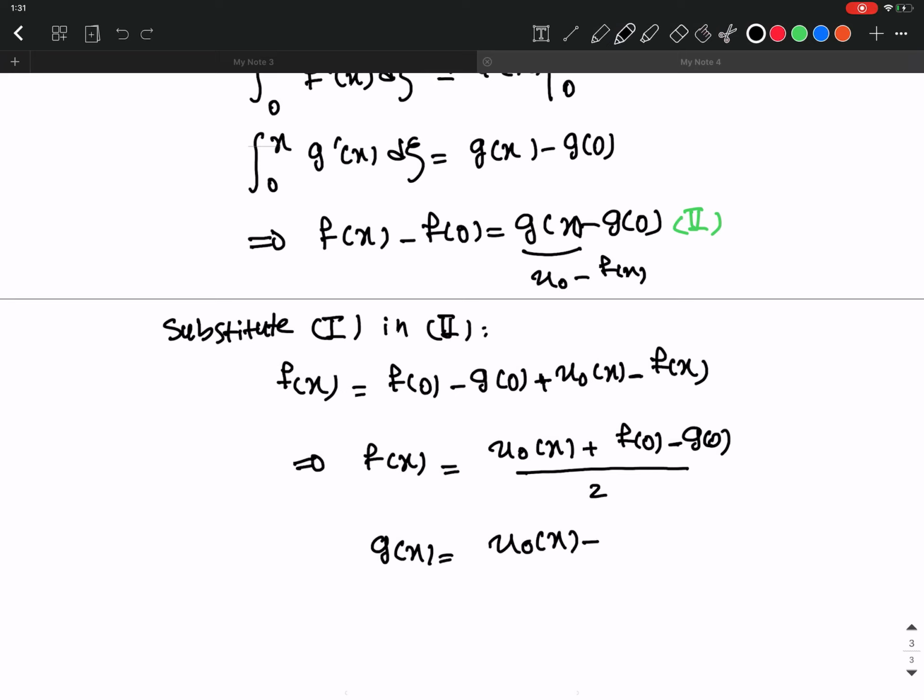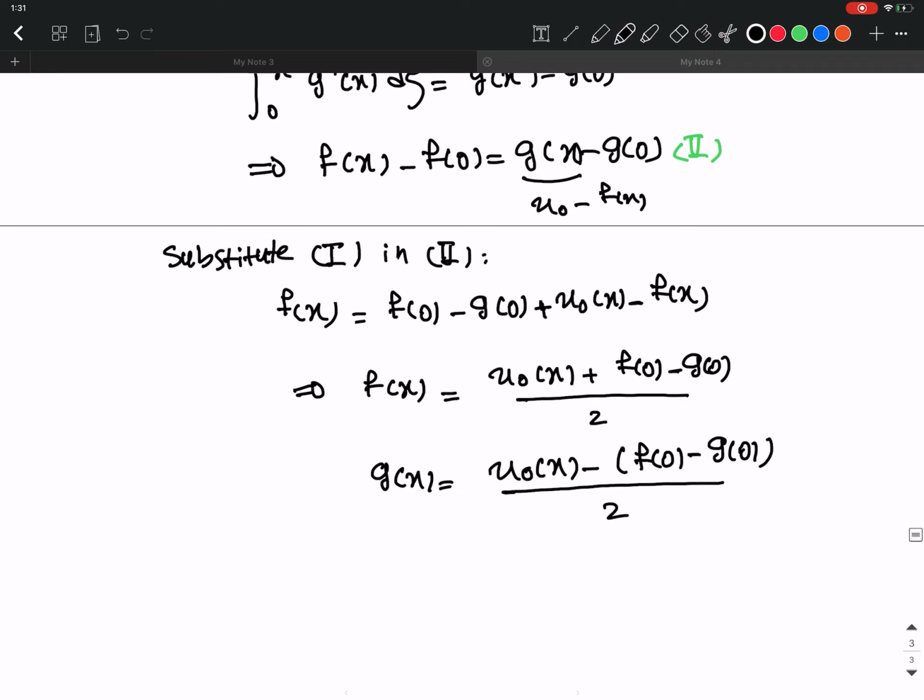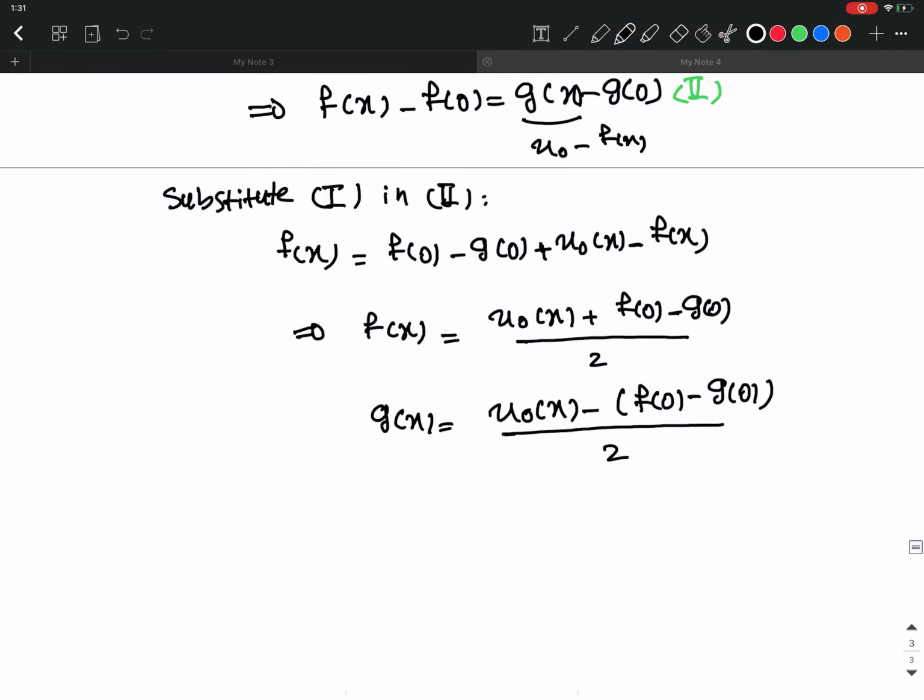and minus (f0 minus g0) over 2. Okay, so now in f, this is just a notation, right? So I just changed the name.